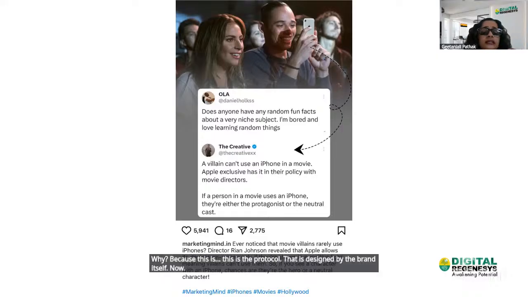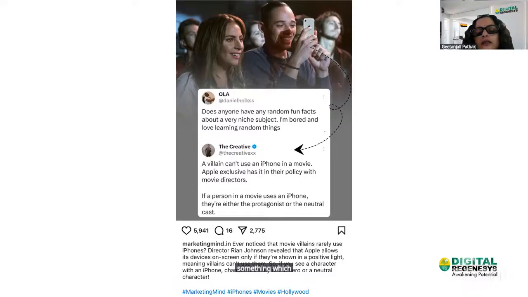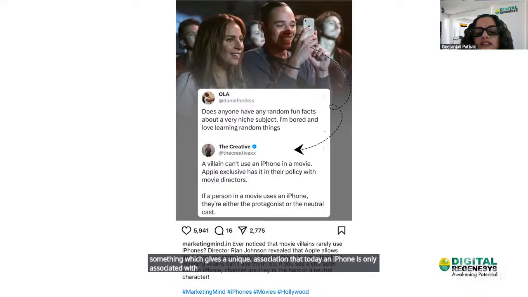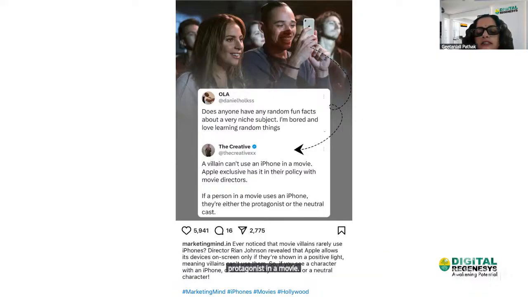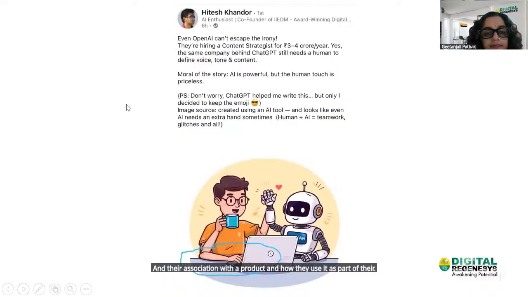It gives a unique association that today an iPhone is only associated with a positive protagonist in a movie, not a person playing a negative character. This is a fun fact associated with a brand, their thought process and their association with a product, and how they use it as part of their marketing strategy.